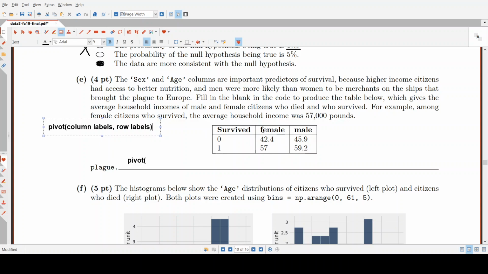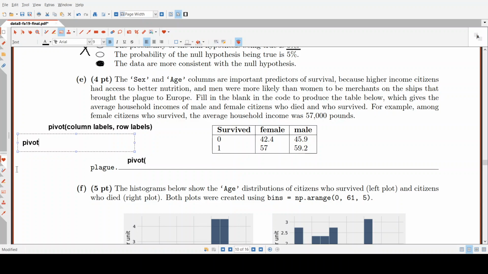But then we have these numbers here, the 42, 57, 45.9, etc. And those are the people's income values. So in this case, we need to use a special version of pivot that uses 4 arguments.